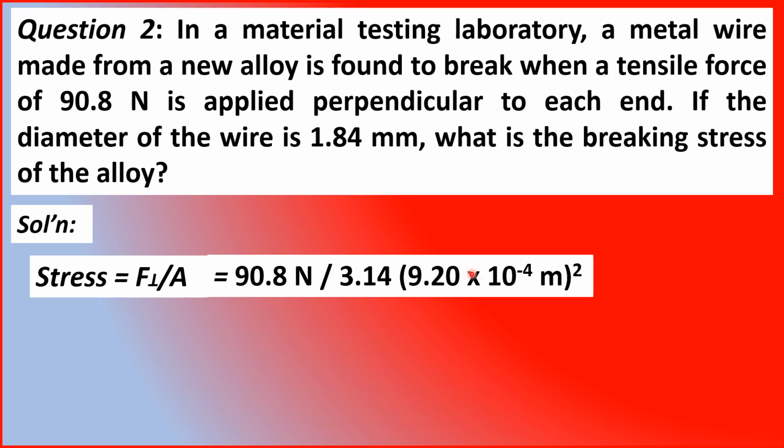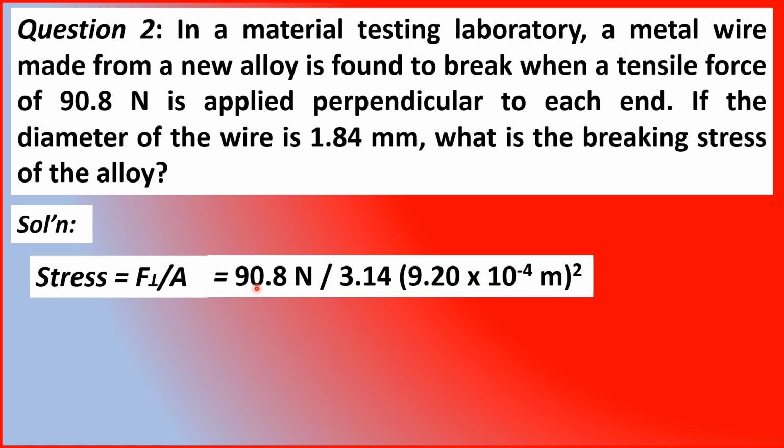All right, so when 1.84 millimeter is divided by 2 and then converted to meter, that is equal to 9.20, all right, the three significant figures, raised to the negative fourth power. All right, and that will still be squared before we do our division.